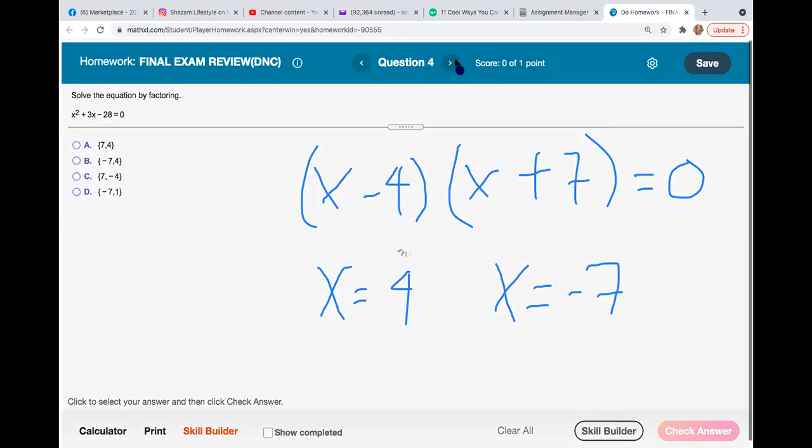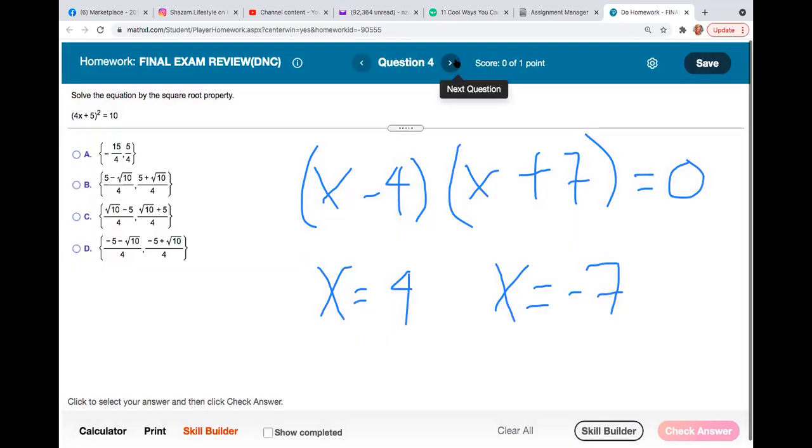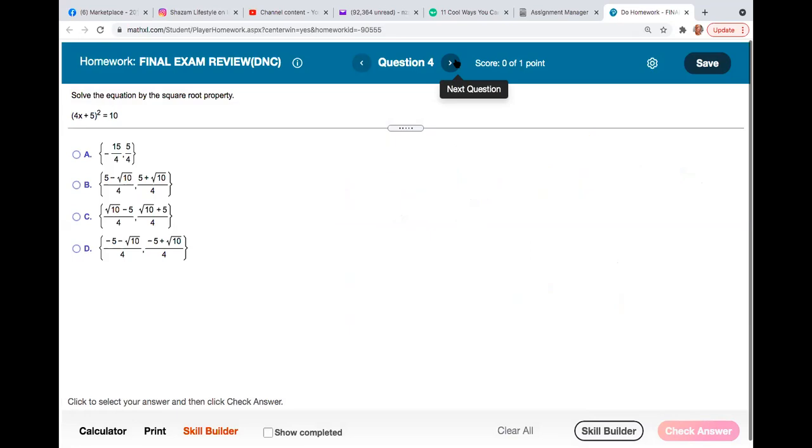Next one. Now, this one right here, guys, listen, it specifically says use the square root property. When you encounter a problem like this that specifically says to use the square root property, I would use the square root property. I would not go ahead and expand this and use the quadratic formula. It's going to take you too long.